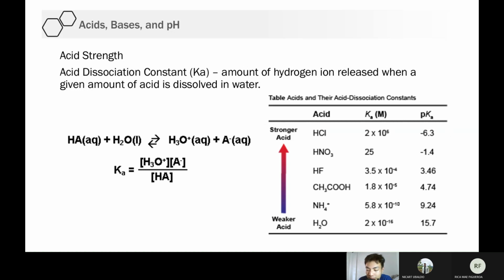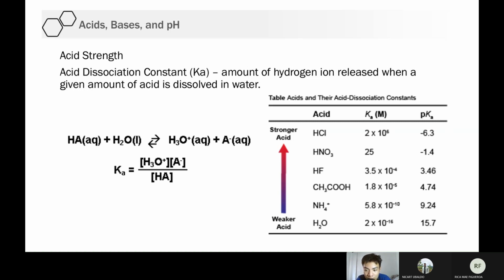We can classify the strength of acids depending on its acid dissociation constant. Okay, so the acid dissociation constant tells us about the degree of dissociation of the H with its anion. So, if our acid dissociation constant is high, then that means our acid is strong.